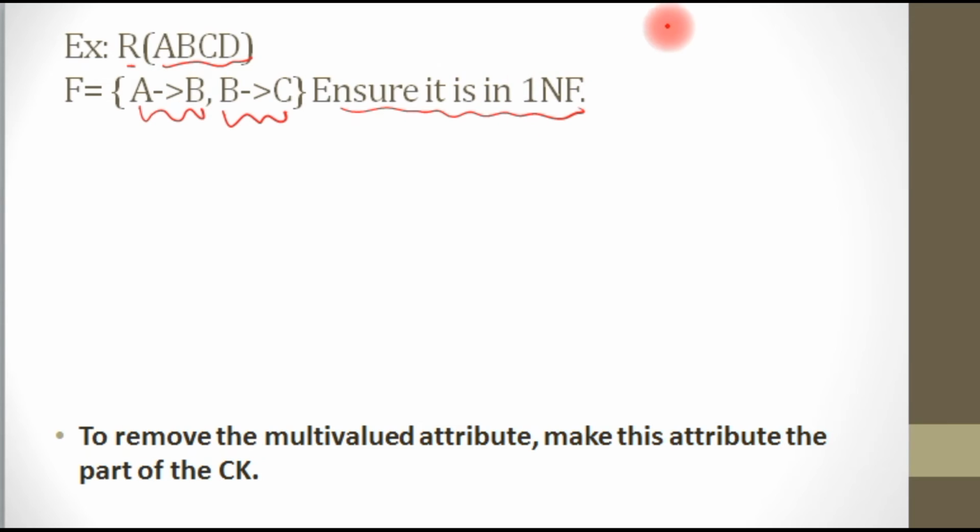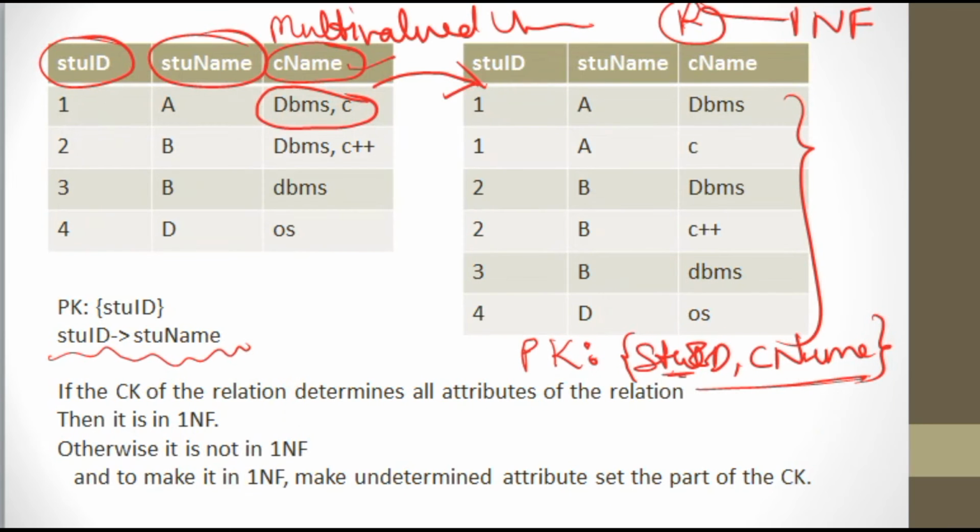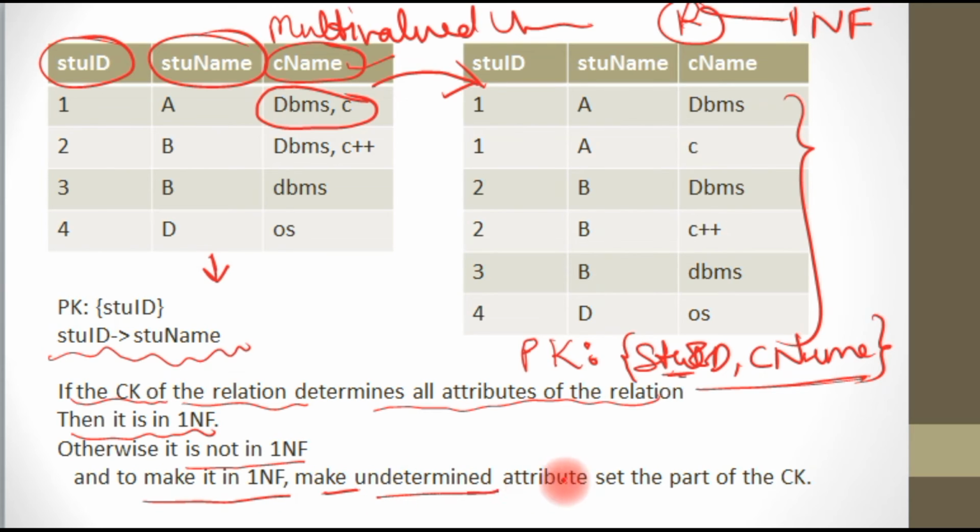First, you must know a relation is in first NF if the candidate key or the primary key of the relation can determine all the attributes of this relation. So if the CK of the relation determines all the attributes of the relation, then it is in first NF. Otherwise, it is not in first NF, and to make it first NF, make the undetermined attribute set part of the candidate key.